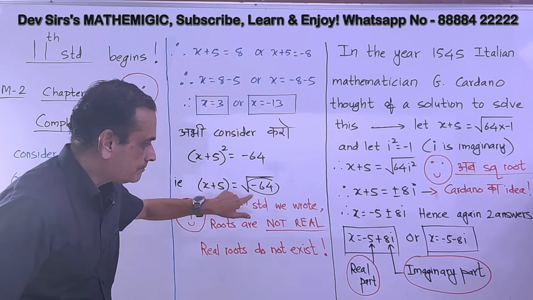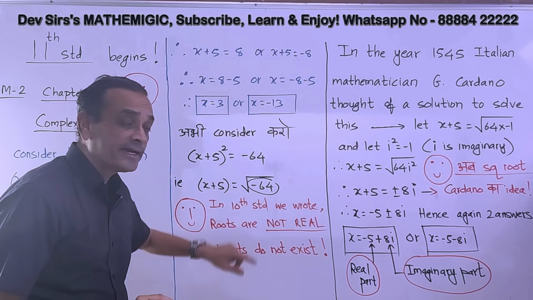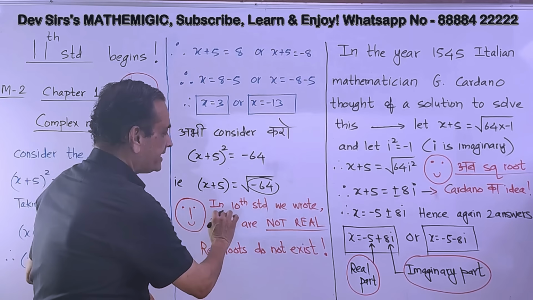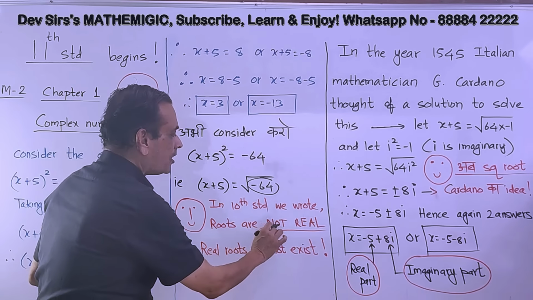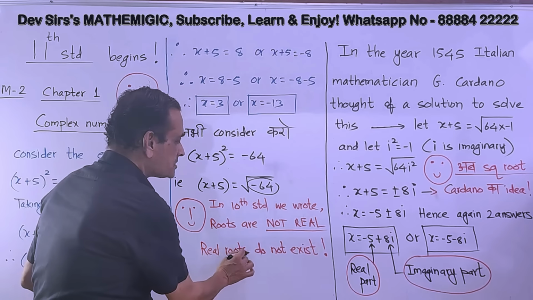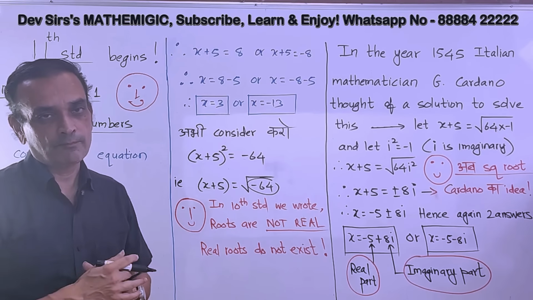So if that b square minus 4ac itself is negative, then what was our nature? In 10th standard we wrote roots are not real. जो अभी मैं बोला हूँ, real roots do not exist, and then we used to leave the problem.